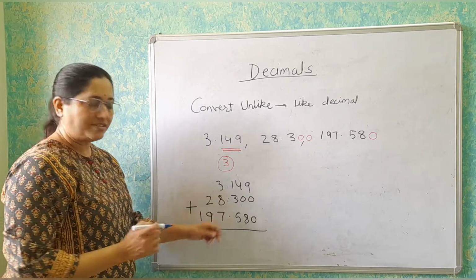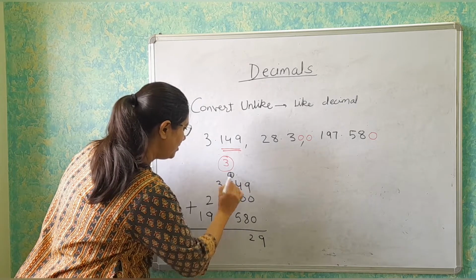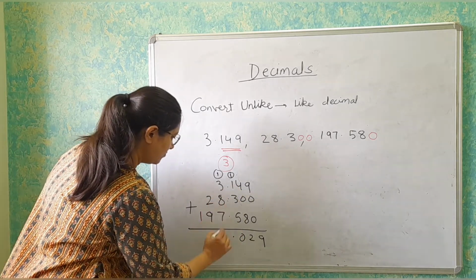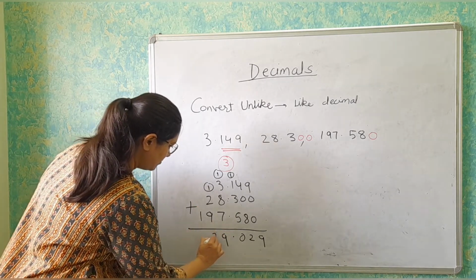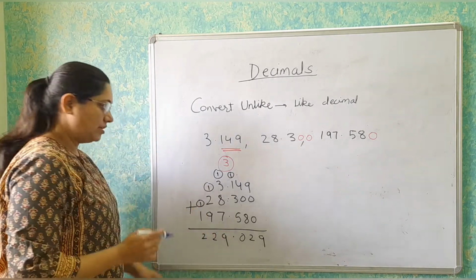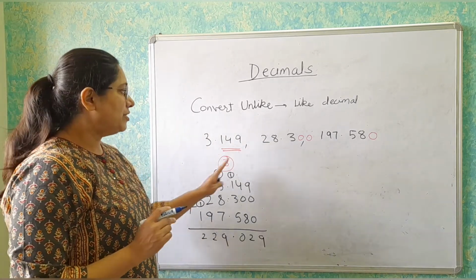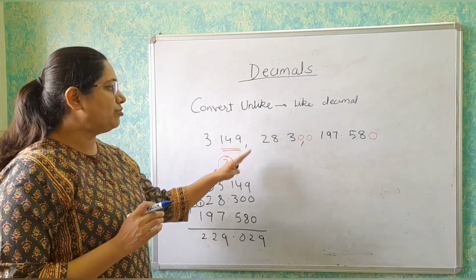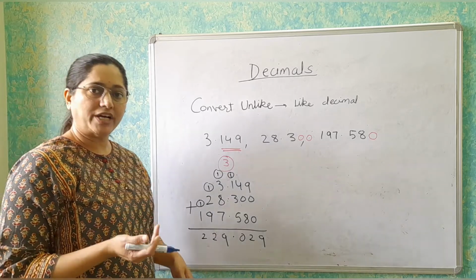Now we will add these three numbers. So in this way we can add decimal numbers. But whenever you have to add unlike decimals, you just have to make them like decimals first, then it is very easy for you to add them.